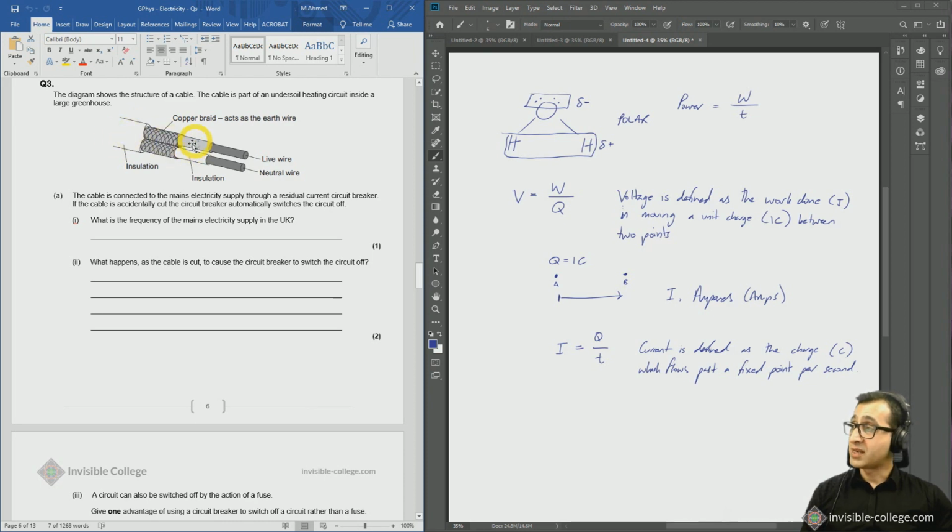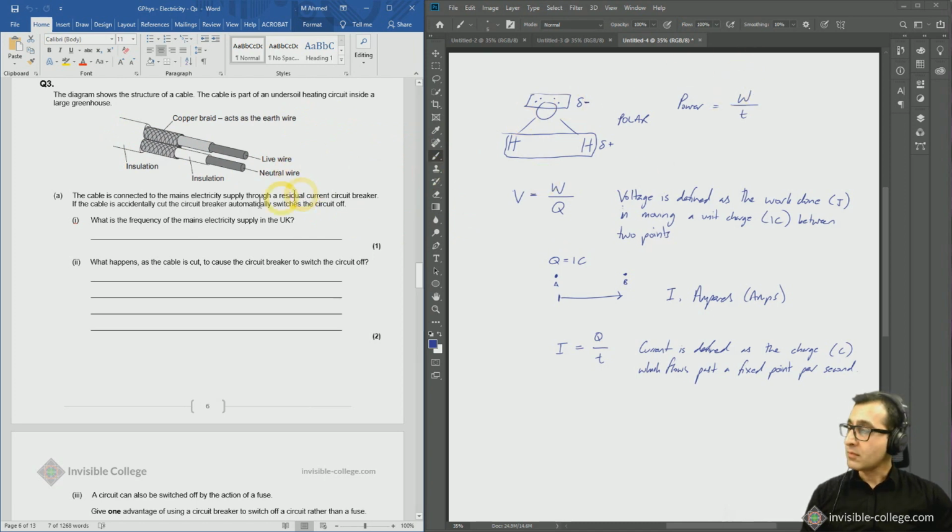You have a further insulating sheath which separates this copper braid acting as the earth wire. Now again, copper is a non-insulating material, and the 2 live and neutral wires here. So again, looking at this, we have 3 conductors. We have the copper braid, which is the earth wire, we have the live wire, and we have the neutral wire, and these are separated by an insulating material.